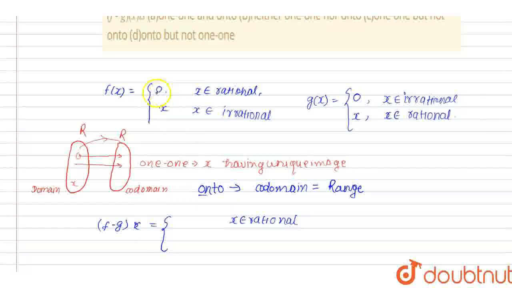So it is 0 minus x, which equals minus x. Now when x belongs to the irrationals, f of x is x and g of x is 0, so x minus 0 is x. Okay, this is clear.